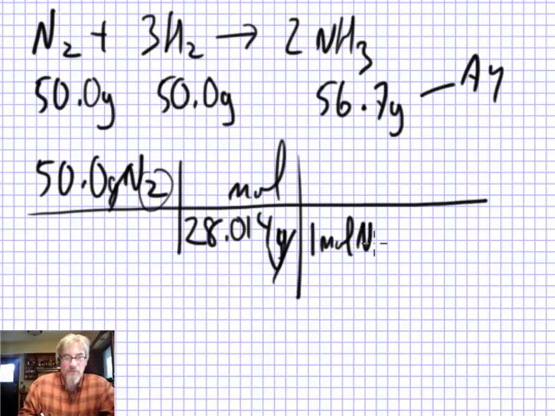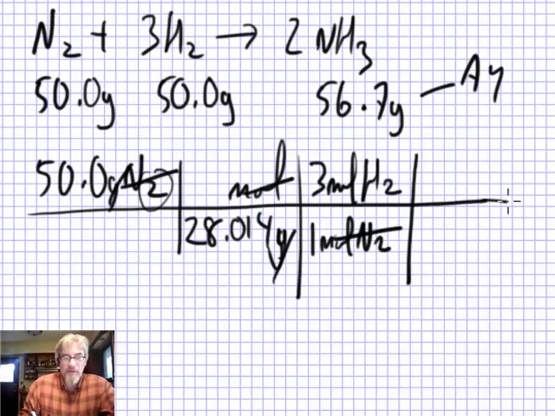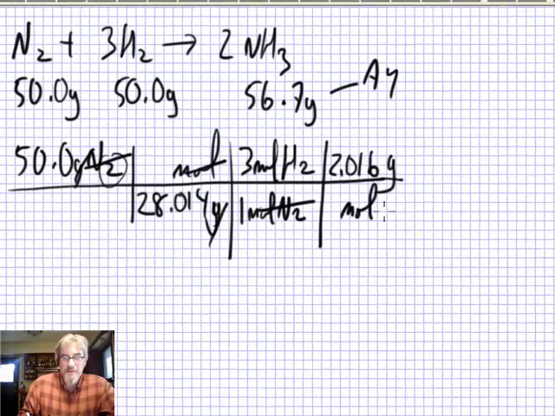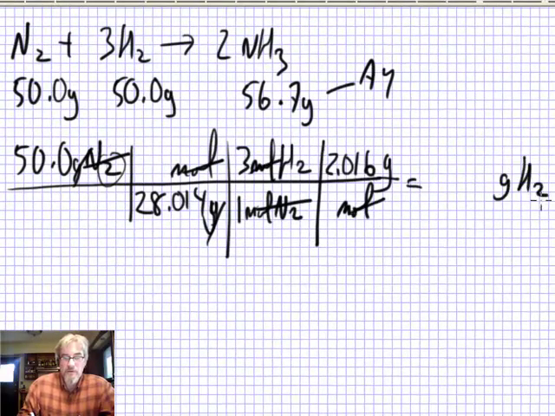The mole ratio is every 1 mole of nitrogen consumes 3 moles of hydrogen. I've converted between species now, and I just have to convert hydrogen moles into hydrogen mass. Well, the grams per mole for hydrogen are 2.016 because, again, it's diatomic. So the grams of hydrogen needed will be 10.8 grams of hydrogen.